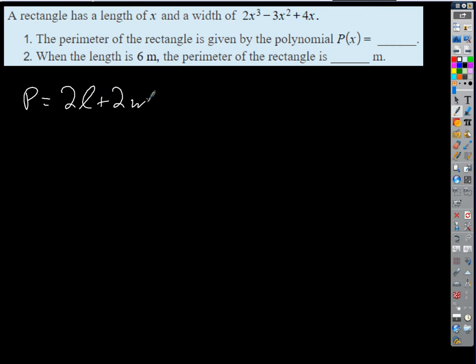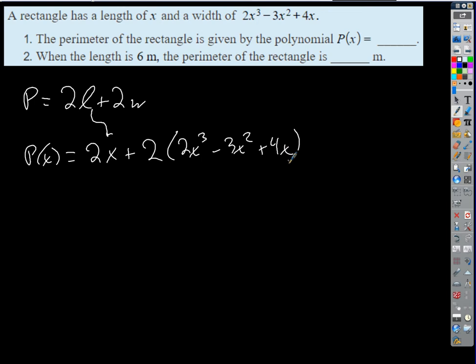Okay, so if the length is x, I'm just going to get 2x plus, what's the width? Well, it's that whole thing, right? So that's my expression. It's not simplified, but I could just distribute the 2 and add like terms and simplify it, right? Okay.